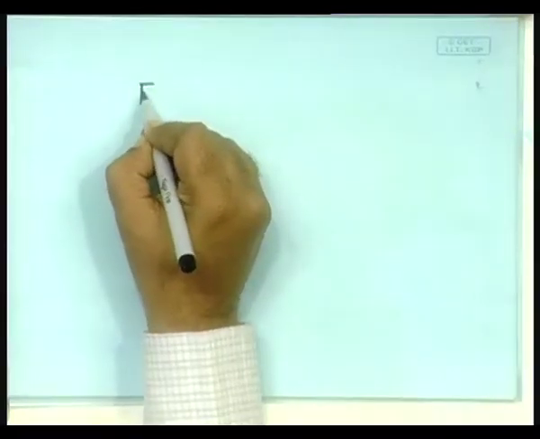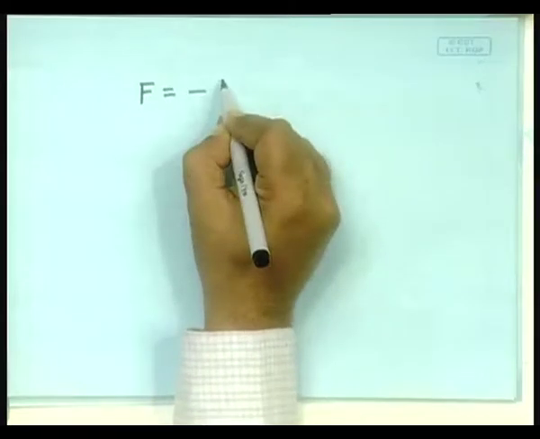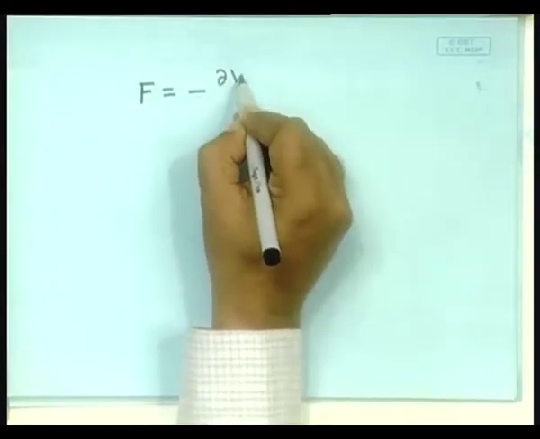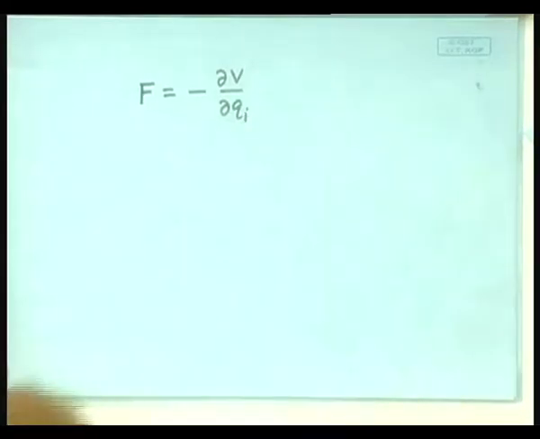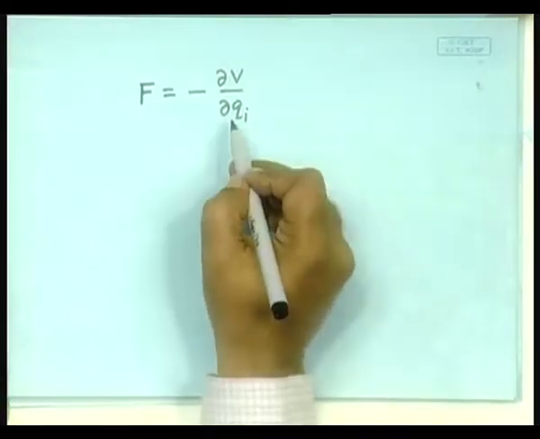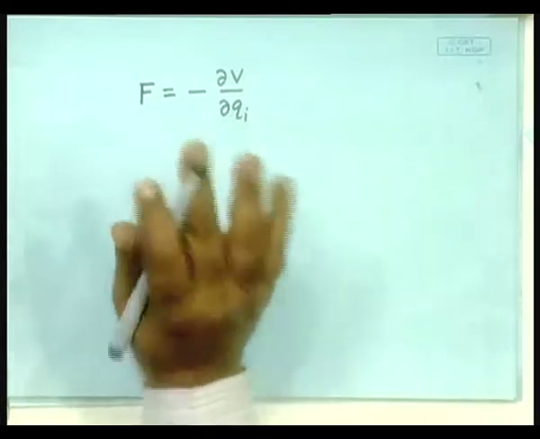Is it still a conservative system? What was the definition of a conservative system? We said that if you can write the force as minus the derivative of the potential function with respect to the coordinate, then it is a conservative system.